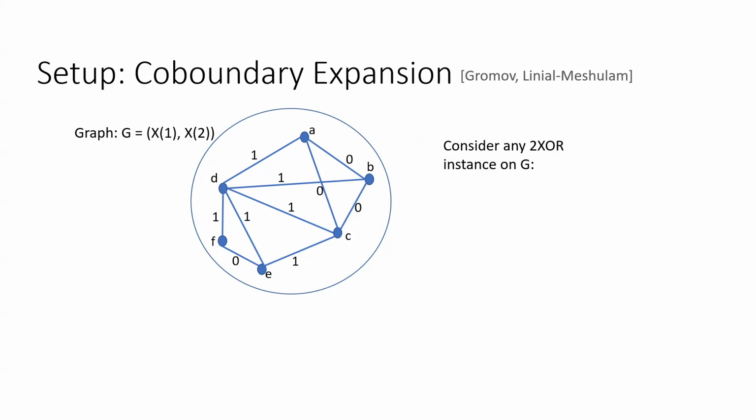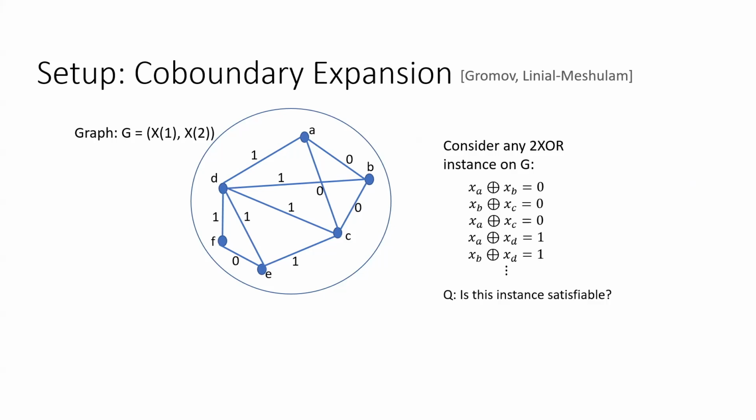And you consider the 2-XOR instance which corresponds to this labeling, which is just you put in the equation xa plus xb equals 0 for this edge, and so on. And now a natural question is, when is this instance satisfiable or not? So can anybody look at this and say whether it is satisfiable or not?